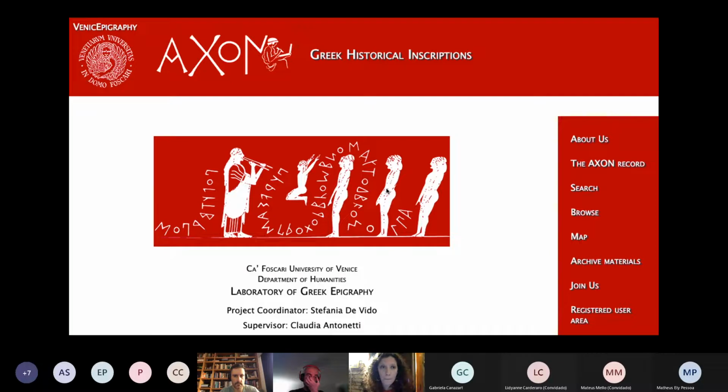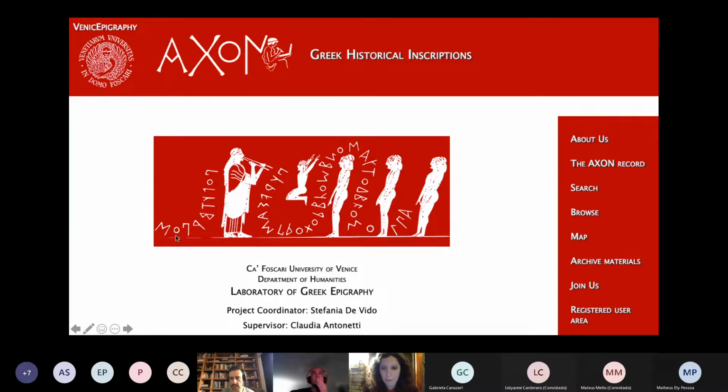So the first is Axon, a database of Greek historical inscriptions, which means it is a database in which you can find different epigraphical records about very important inscriptions in the history of Greece from the 8th century to, of course, 31 BC, the usual canonical end of the Greek world.